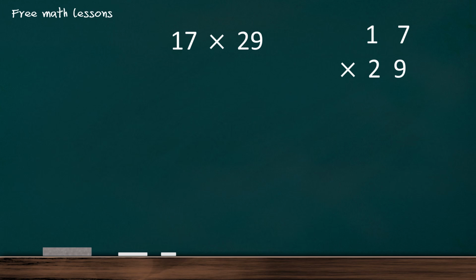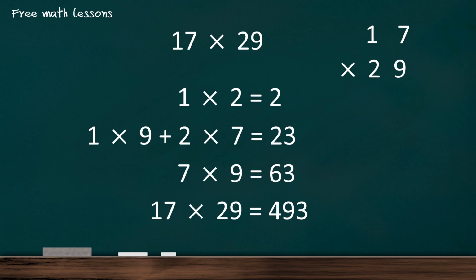Let's do some more calculations to speed things up. This time, let's do 17 times 29. So let's just draw the lines and calculate it. From left to right, first of all, you get 1 times 2 is 2.